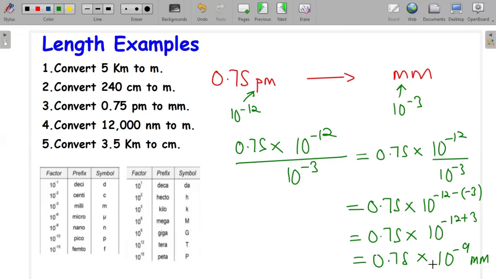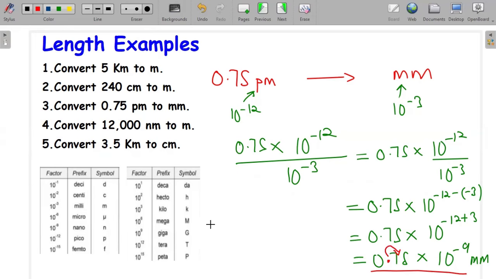Later on we are going to learn what we call scientific notation. Usually you do not leave your answer like this. You have to leave your answer in scientific notation. So we need to move this decimal place one time to the right. If you move the decimal place one time to the right, then you have to subtract 1 from the power.